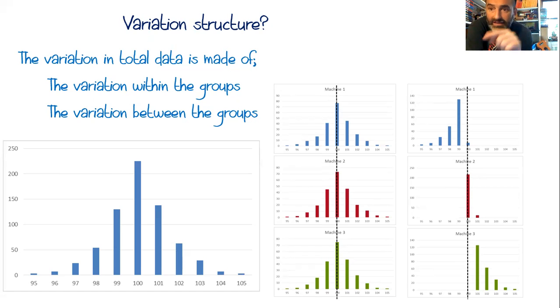And if you calculate these two things individually and sum them up, you're going to find the variation here. Not the variance, not the standard deviation, but the variation, because the phrase here, variation in total data is made of two things, is only true for the numerators, the sum of squares.